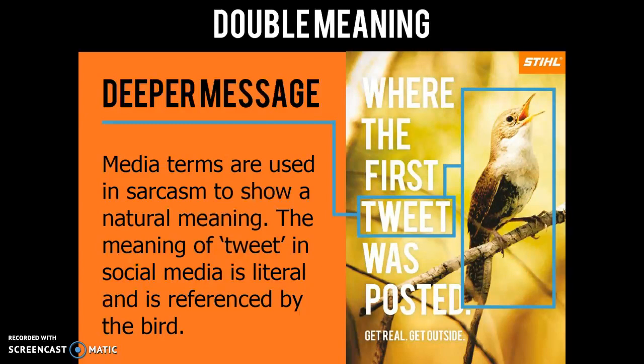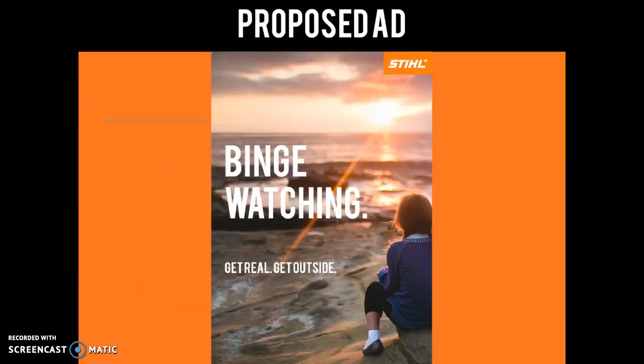Where the first tweet was posted, it could initially mean something on a social media platform, but they've changed that to be something outdoors. And they do that consistently throughout this campaign.